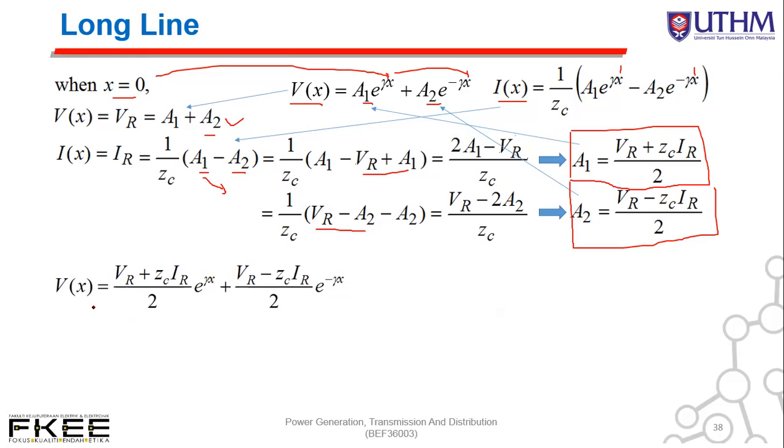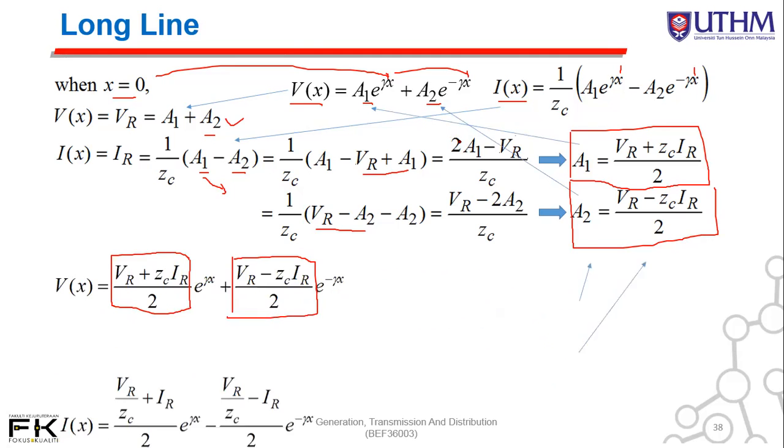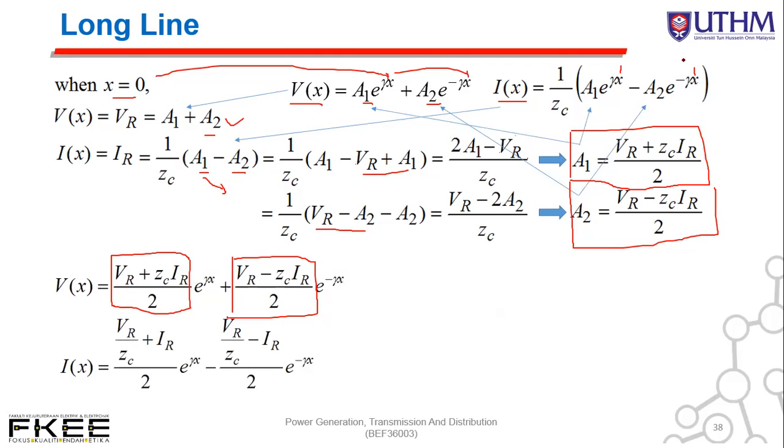So we got Vx equal to (VR plus Zc IR)/2 times e^(γx), plus (VR minus Zc IR)/2 times e^(−γx). This is A1, this is A2 from this equation. Also, we can replace in the current equation.